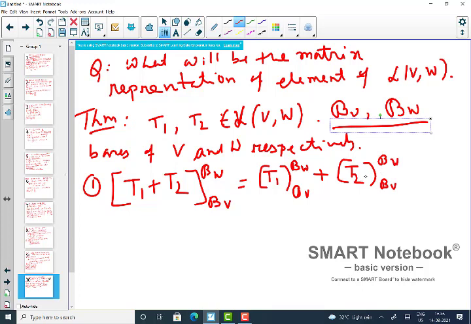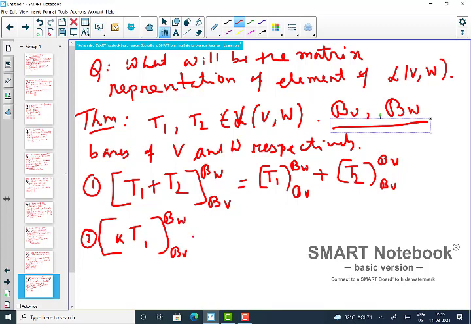And the proof is similar, and obviously a similar thing is true for multiplication. For example, you multiply k with T1 with respect to the same bases BV and BW.